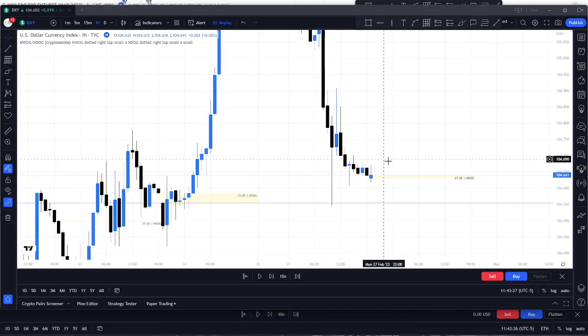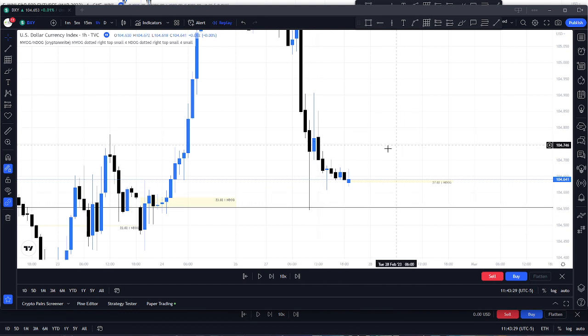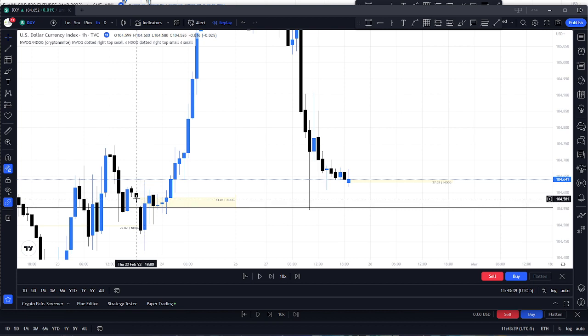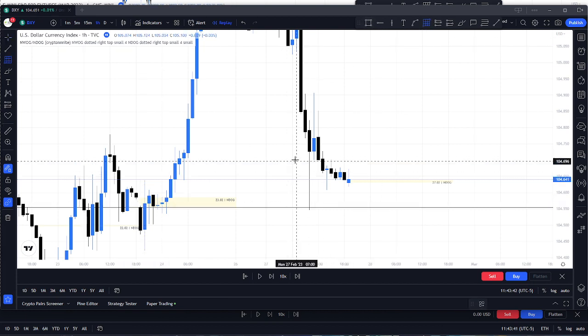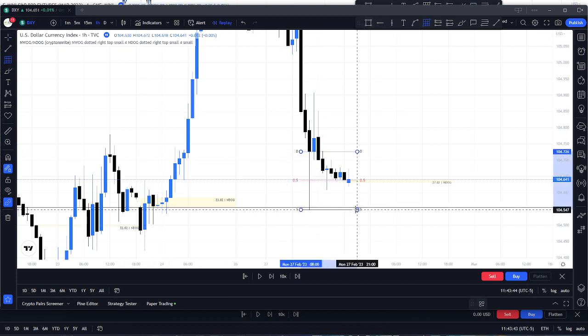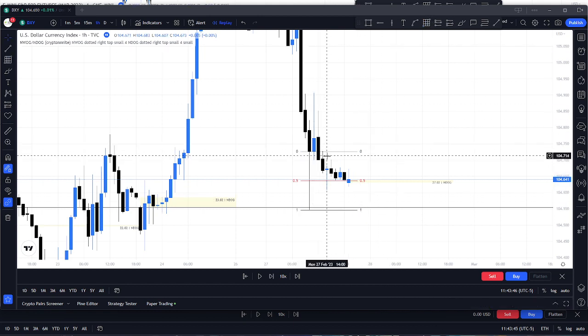This is our DXY chart. So you see this wick on the hour. We came in for a new day opening gap. This was from Thursday. I took the 50 level on this. And this trade was occurring right here.